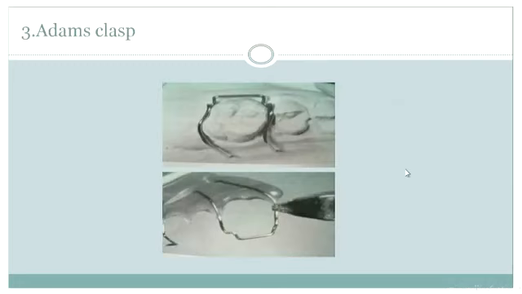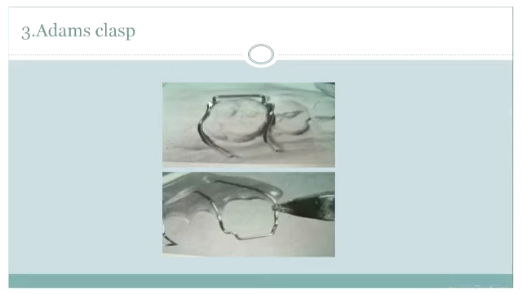Adam clasp is the more famous clasp, which is used in all types of removable appliances, and this retentive part is very important. Sometimes it is used on the posterior teeth, and sometimes we can use it on the anterior teeth, but we must take into consideration the adjustment of the arrow here.